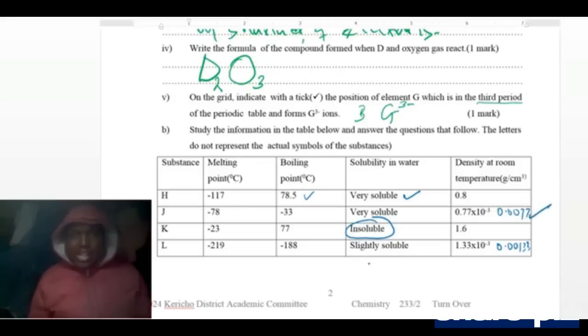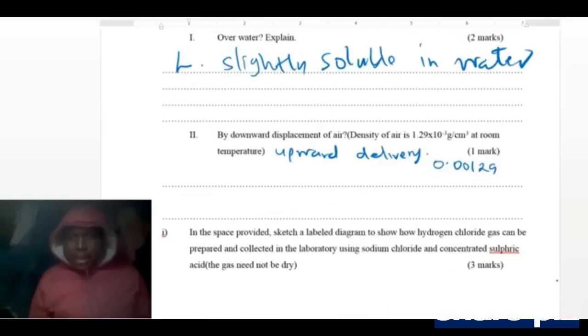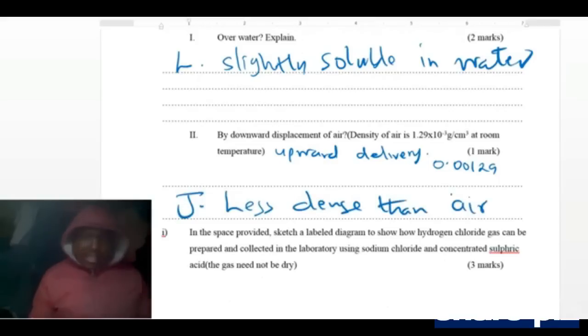So J is the gas that is going to be collected by upward delivery. So here the answer is J. Why? It is less dense than air, because any gas that is less dense than air is going to be collected by upward delivery. So you can see now the way they combine a question and bring Form 1 work inside.